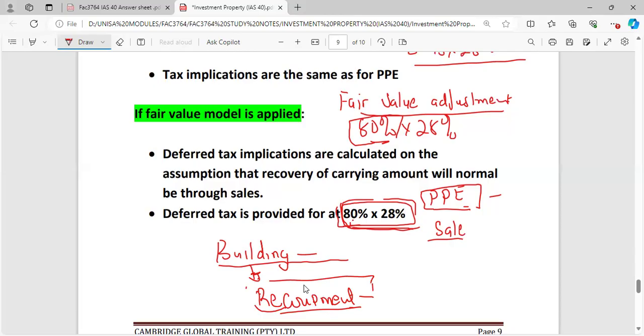As long as a question specifies that SARS allows a capital allowance of so much, then you are going to have two deferred taxes on that particular asset: deferred tax on fair value and deferred tax on recoupment.